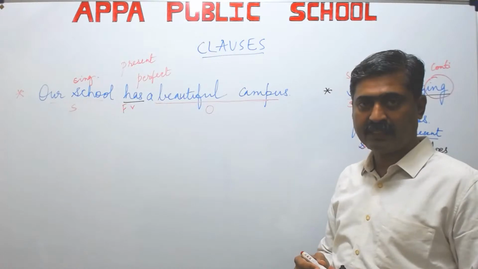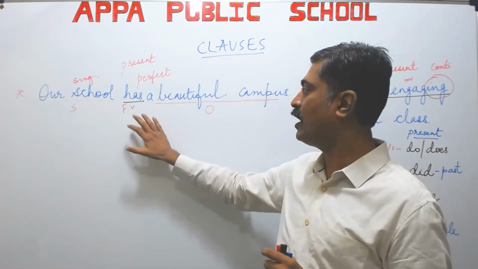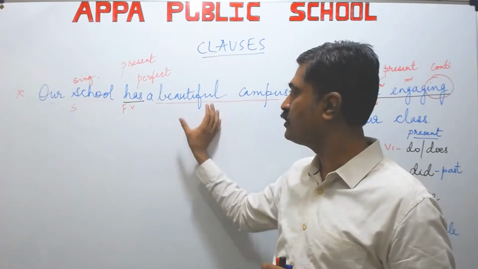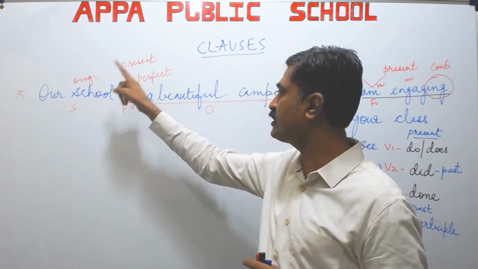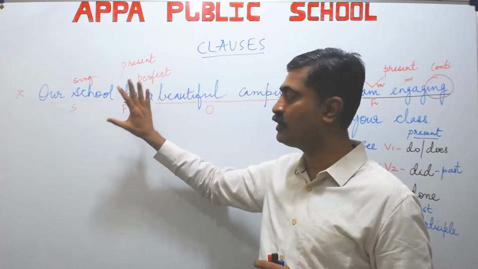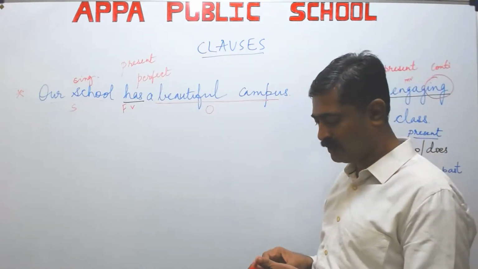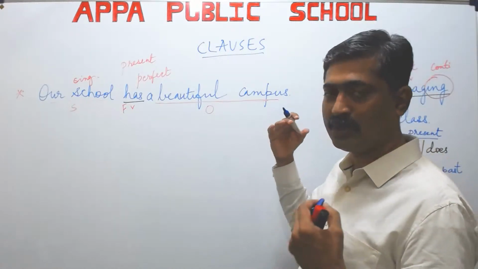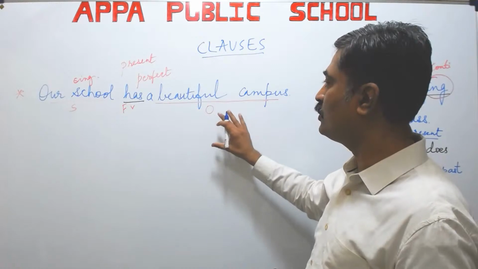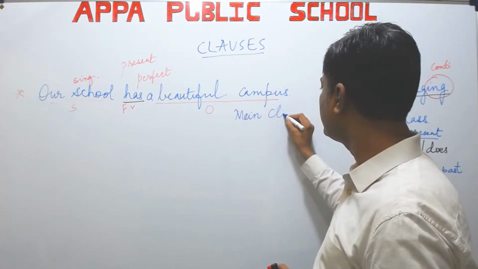Now, if we go back to the points to remember, our first point was every finite verb makes a clause. So we have one finite verb which has a subject and predicate of its own, verb and object. So this becomes a clause. And since it's only one clause, naturally we can say there is no dependency of any other part of that sentence on the other one. So this is completely one main clause, one independent clause.